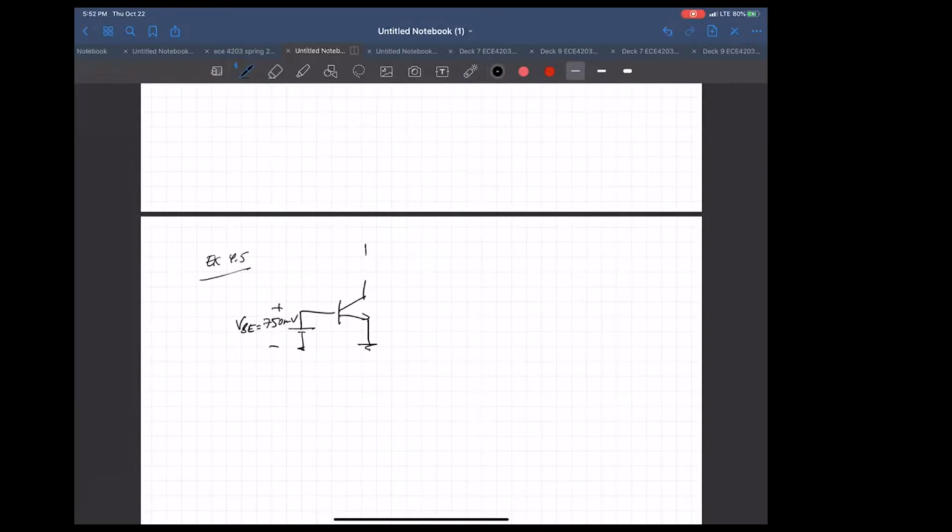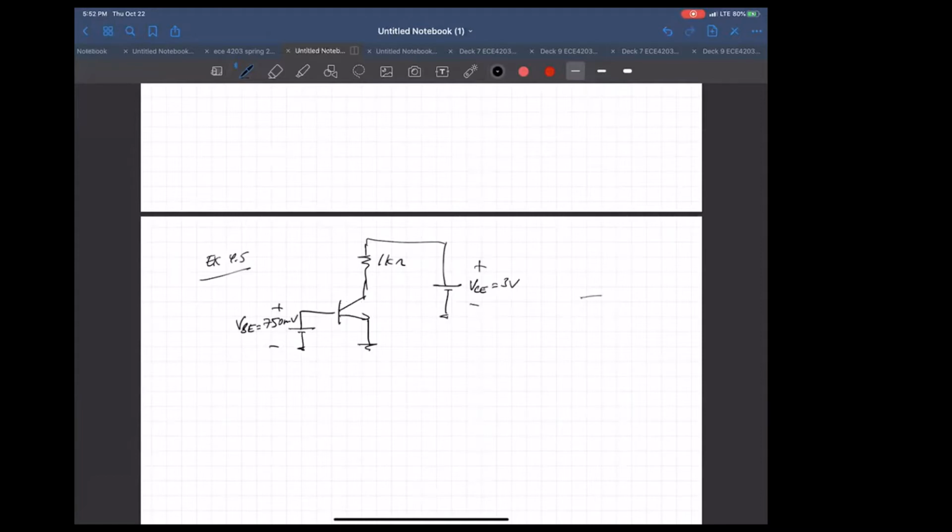Put an output load of 1 kilo ohm. A VCE of 3 volts. If you take this, and if you're looking at the folding of this circuit, this is a little confusing, but bear with me for a little bit.